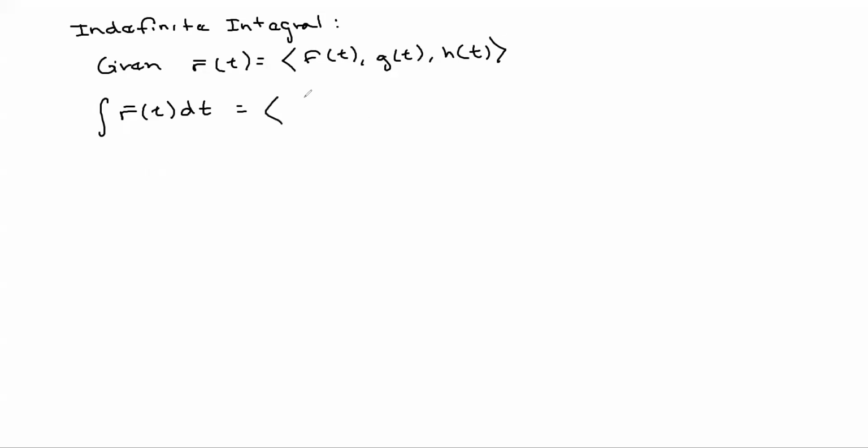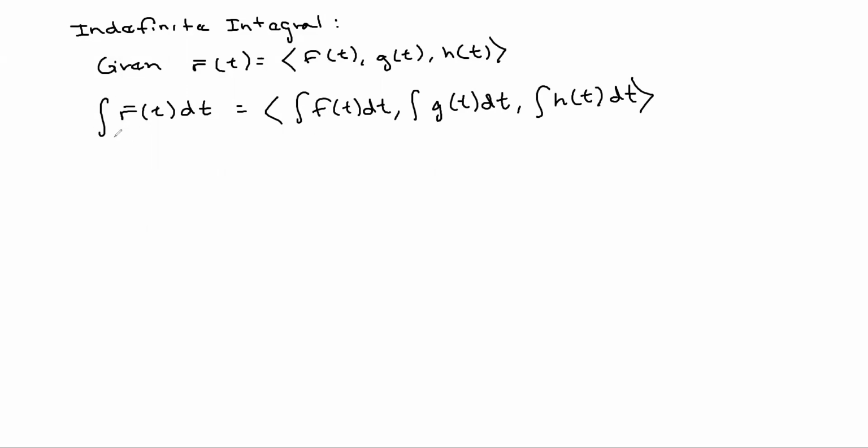It's going to be the integral of the components. So that's what that previous page was saying, if you're having trouble following that. The antiderivative of a vector function is the antiderivative of the components.